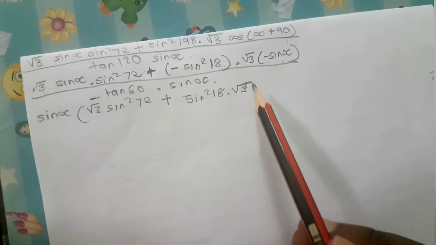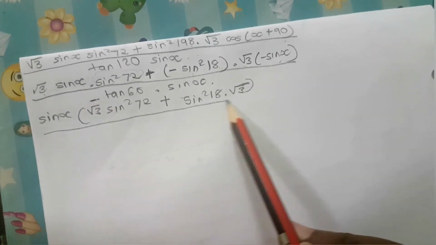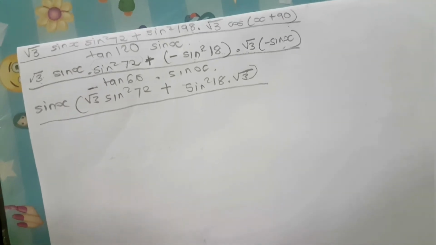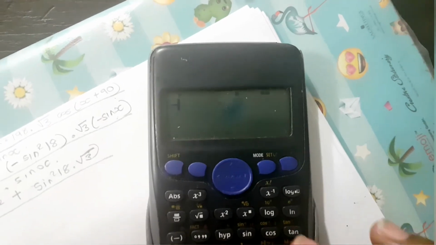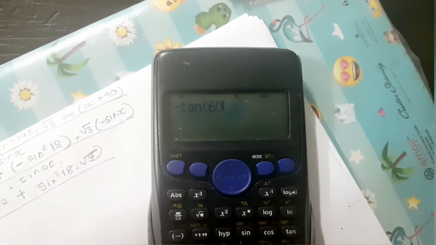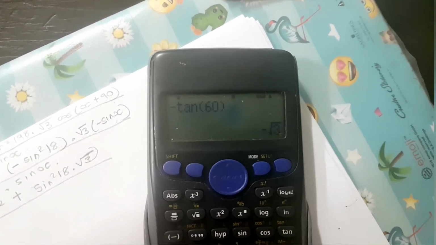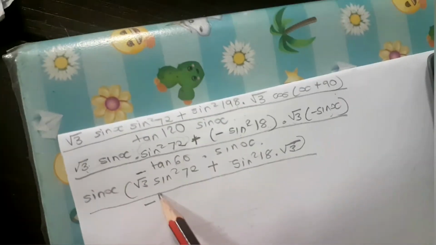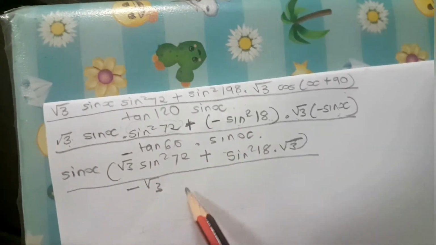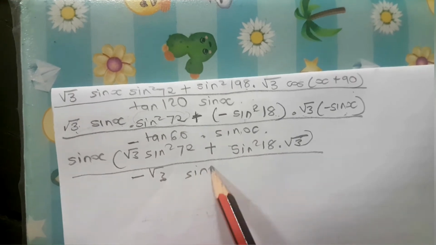And that's that. And you close your bracket, you move to the bottom of your fraction. We do it in our calculator. Remember, in the exam you don't have time. You say minus tan 60, that gives you a minus square root of 3, and you write your sin as it is.